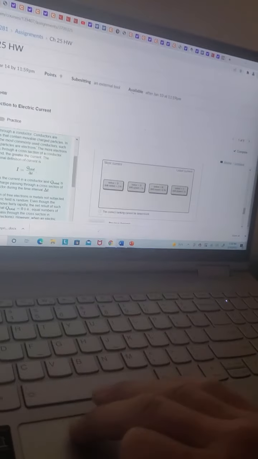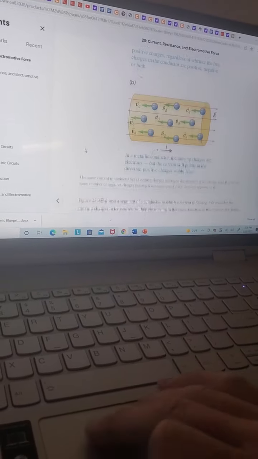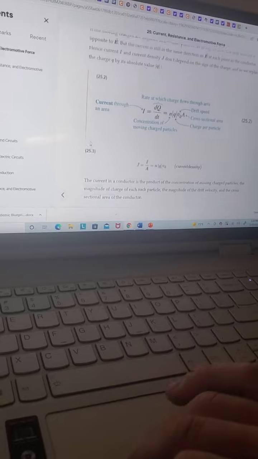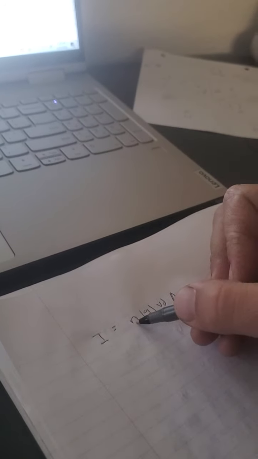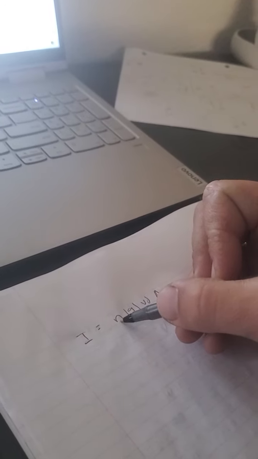Basically, we have a formula: I equals nqvA. n is our concentration of moving charged particles, like the amount of free electrons we have. q is our charge per particle. v is our drift speed.